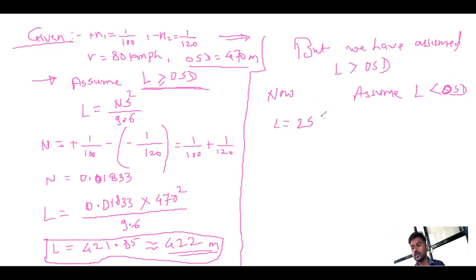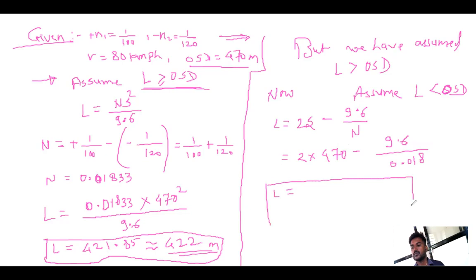L is equal to 2S minus 9.6 divided by N. Okay, is equal to 2 into S, 470, minus 9.6 divided by the N value, 0.018. Calculate. 406.66.